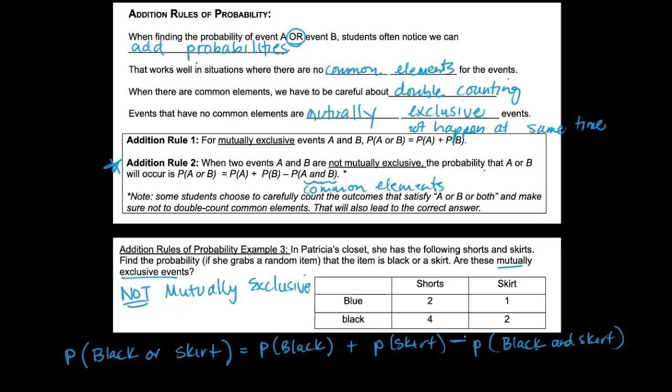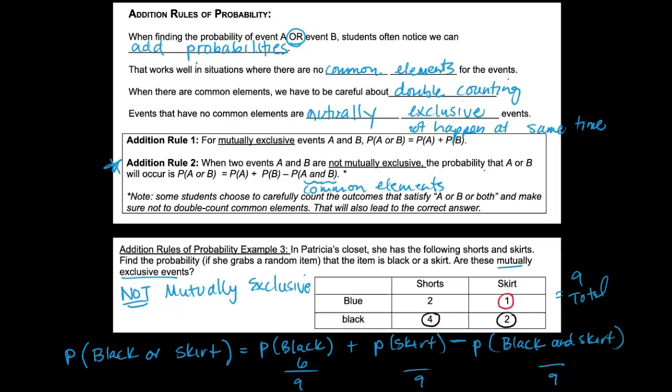And so the first thing we're going to do is we're going to add up all of these items. So 4 plus 2 is 6, 7, 8, 9. So we've got 9 total items. So my probabilities are all going to be out of 9. And I'm going to look and see how many are black. So I've got the 4 is black and the 2 is black. So it looks like 6 out of 9 are black. And then the skirts are down this row.